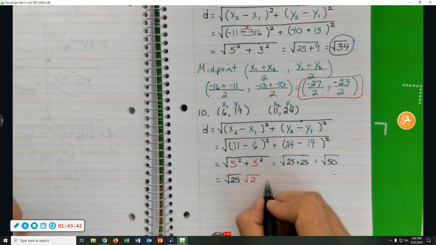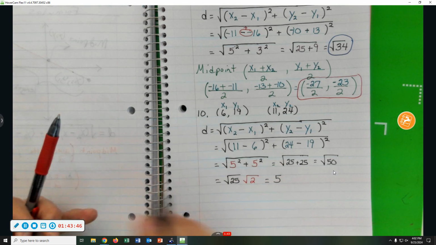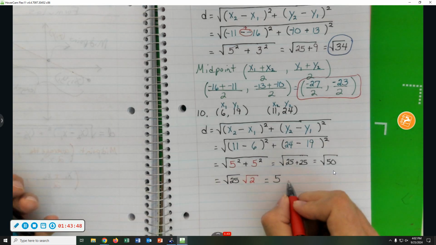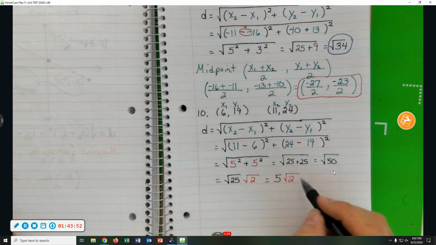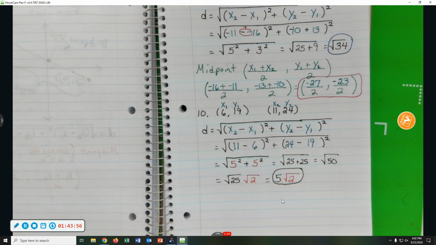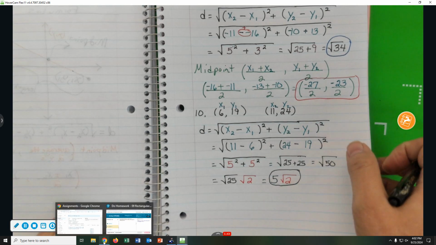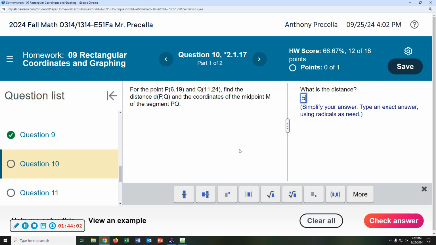I'll write a 5, and then just leave the square root of 2 as a square root of 2. So 5 square root of 2 is our answer for the distance.